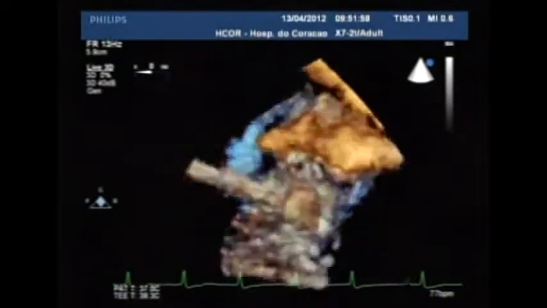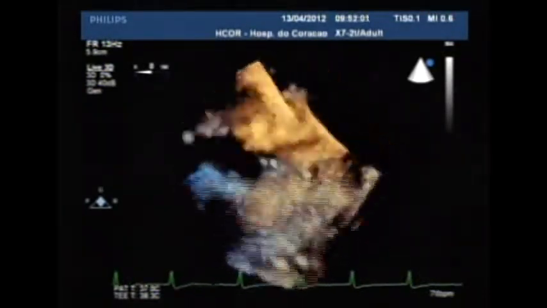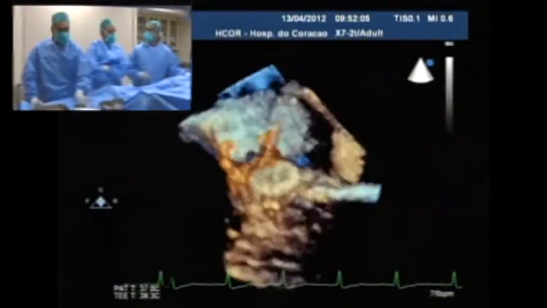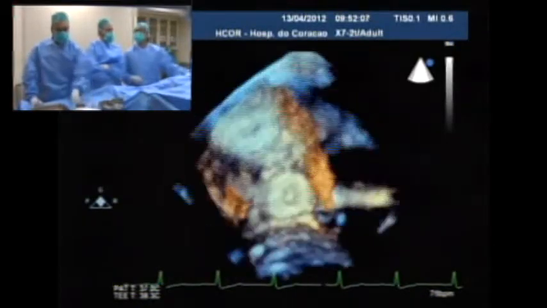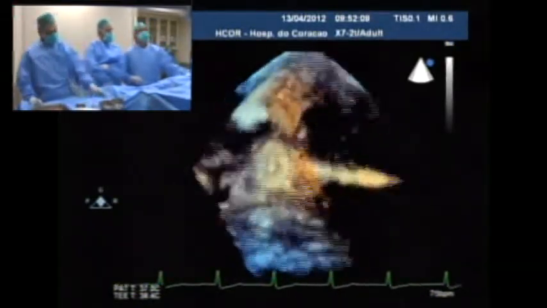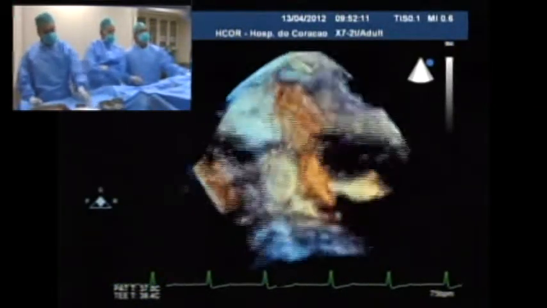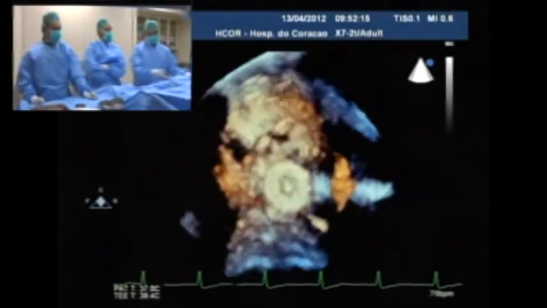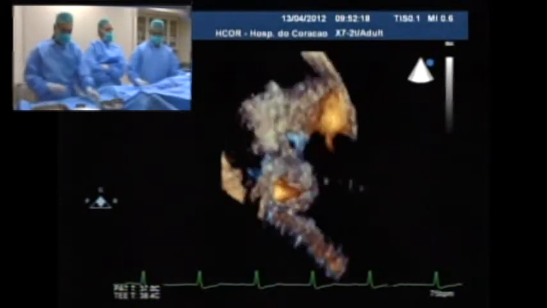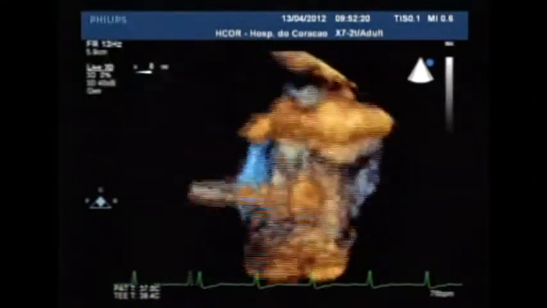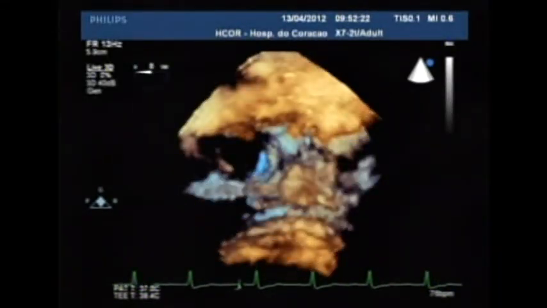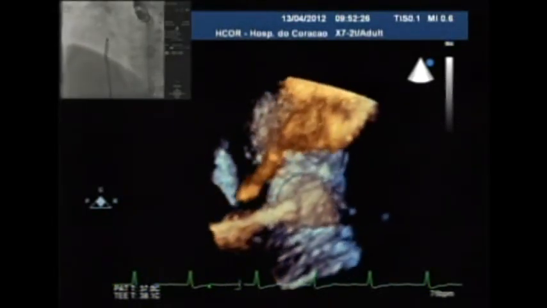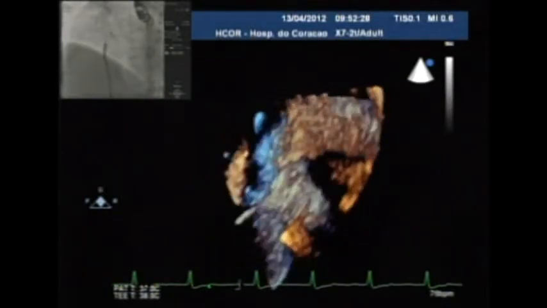This is a very interesting issue, because when we started about 12 years ago placing these devices, we were very excited, but after around 50 cases, we had some problems. We had a kid that required a pacemaker due to a complete heart block after 3 months, and then we had a sudden death after 2 and a half years of implantation.